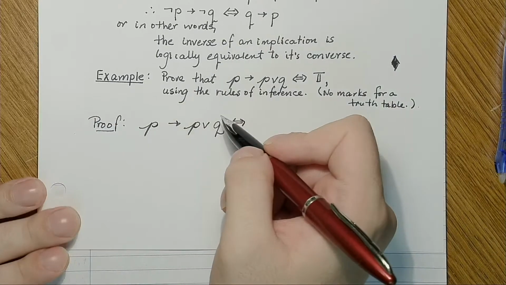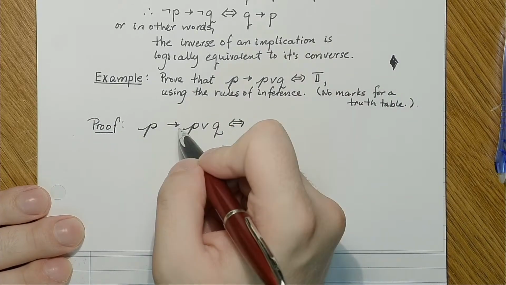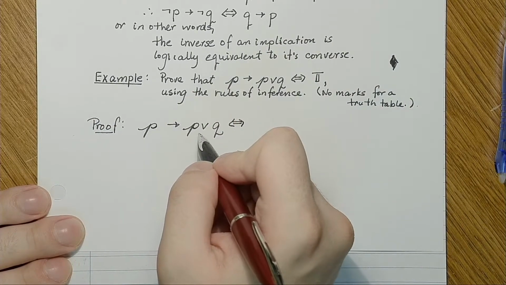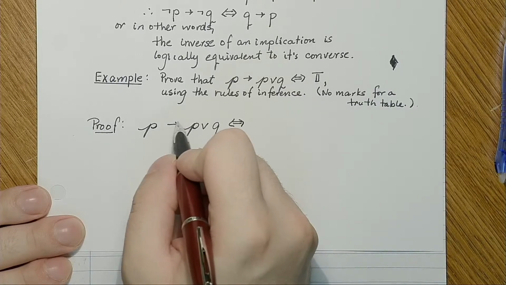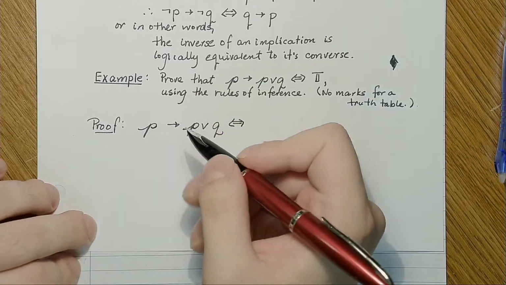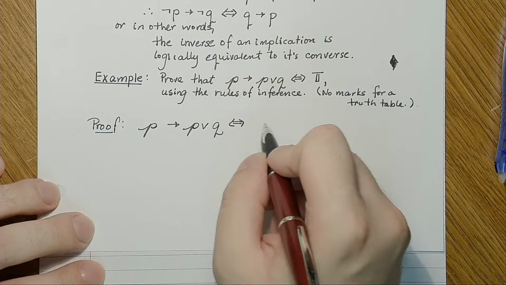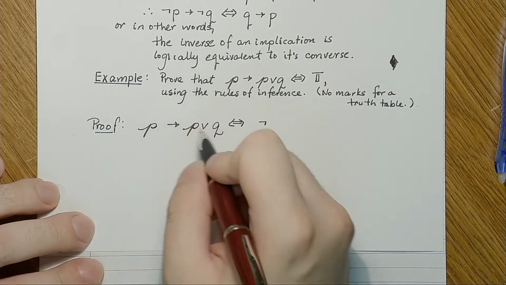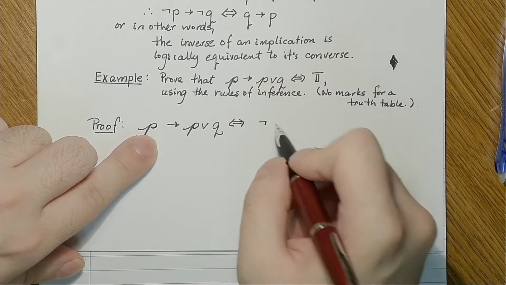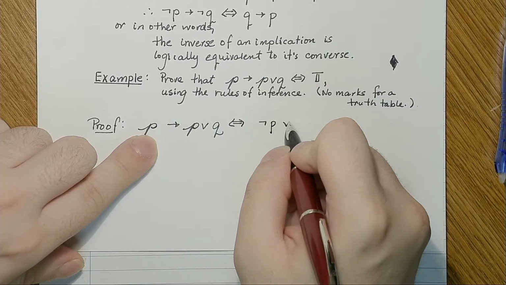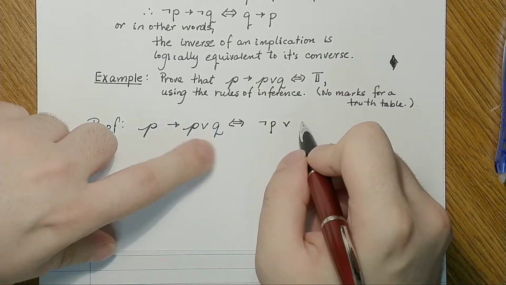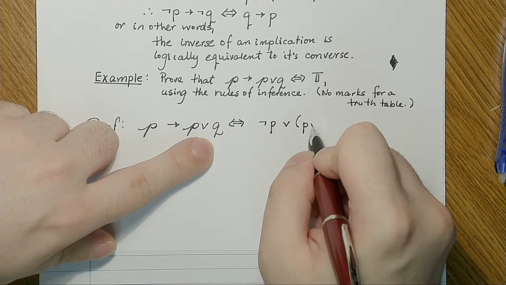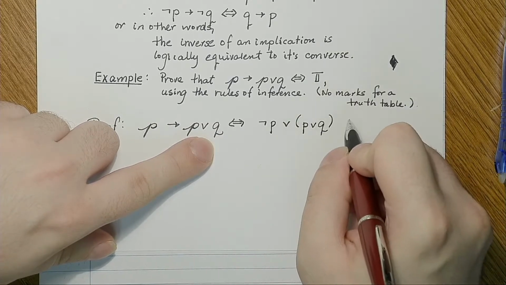So I will convert this to just ors and negations. I don't really have a lot of rules that handle the implication. So converting it with the implication rule, it's the negation of the first proposition or the second. So that's the implication rule.